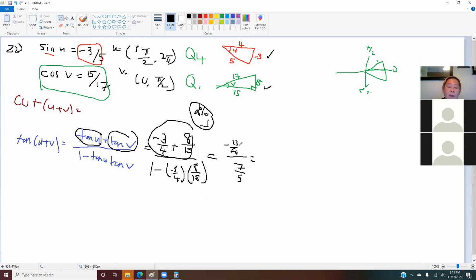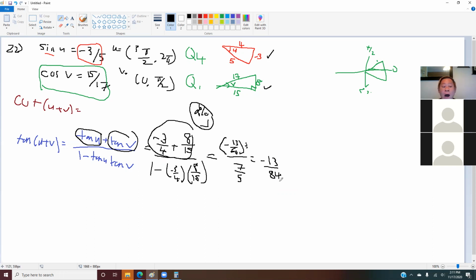Now we divide. So when you divide this, you just take this divided by that. You can use your calculator, but make sure you put your parentheses. So parentheses -13 ABC 60, and then you hit the division button and then open your parentheses, 7 over 5, ABC 5. You will get -13 over 84.